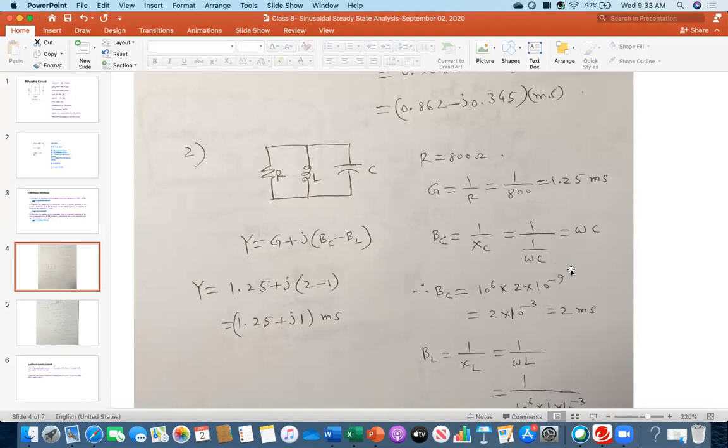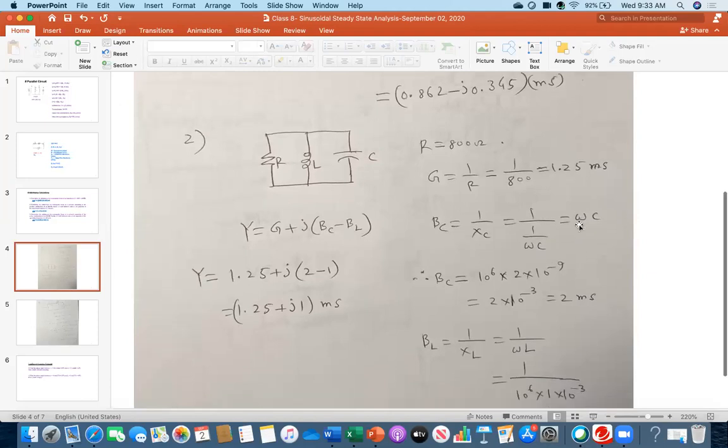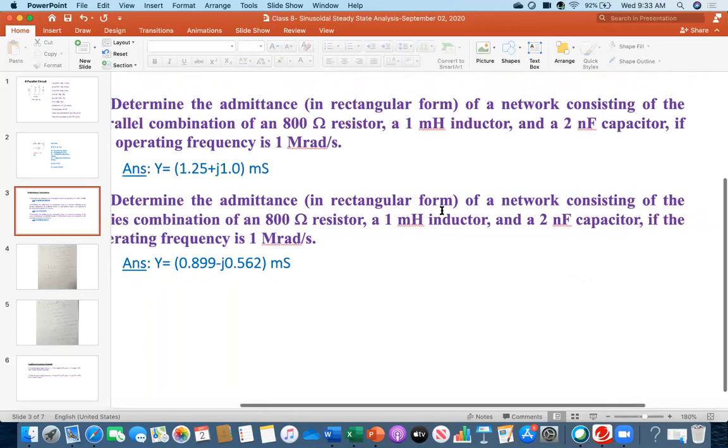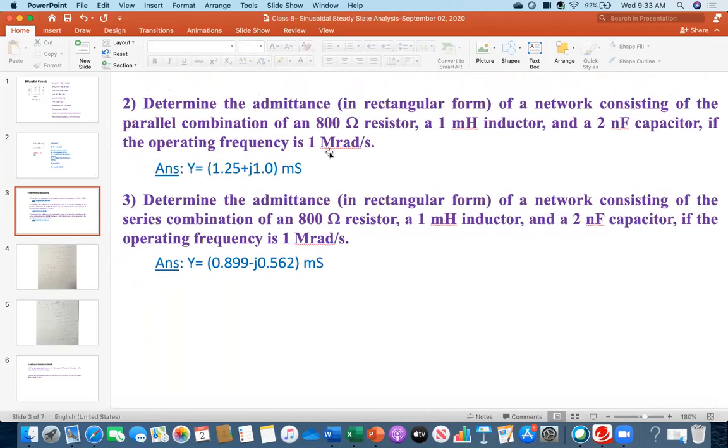And now substitute those values. What is omega? Omega was given in the problem. That is the thing I was telling you. See the second problem: if the operating frequency is 1 mega radian per second, this is directly the omega value.